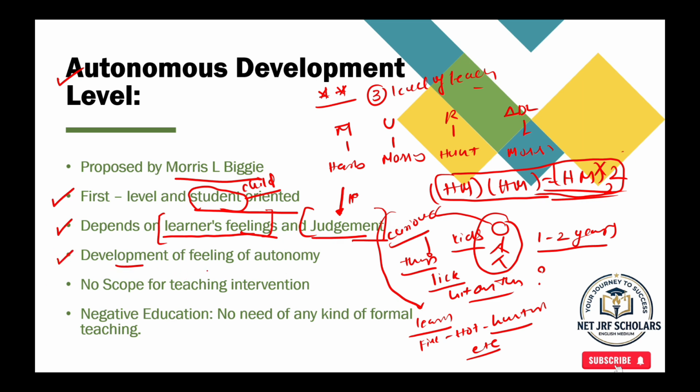In this level, they start developing feelings of autonomy, and there is no scope for teaching intervention. Even though you tell them not to touch the fire as it will hurt, they still get close to the fire and do not listen. Even if you intervene, their learning completely depends on feelings and judgment.